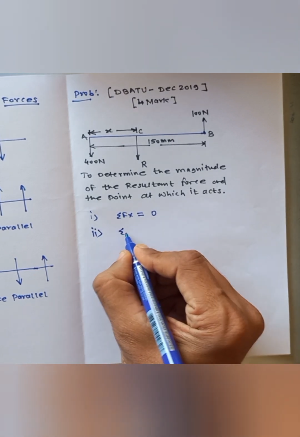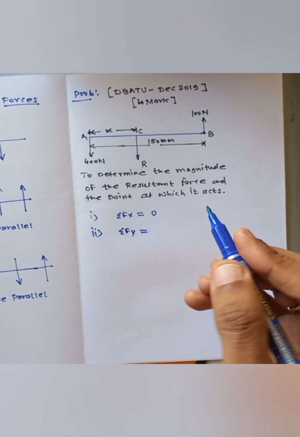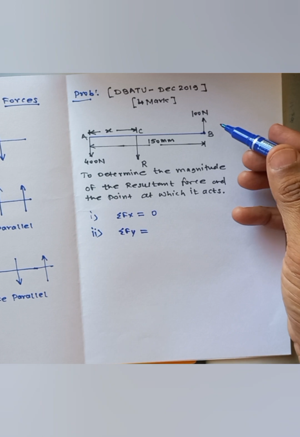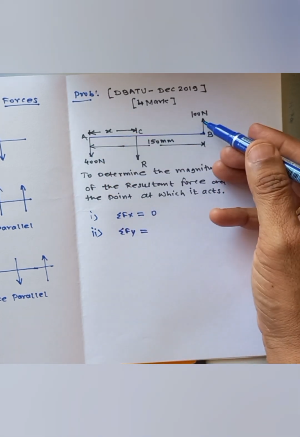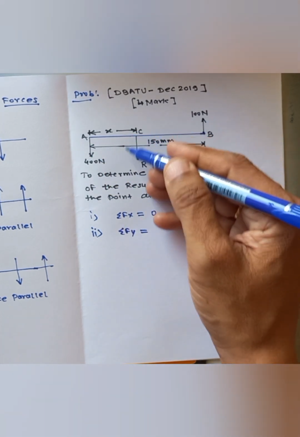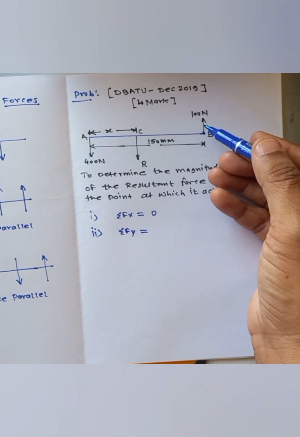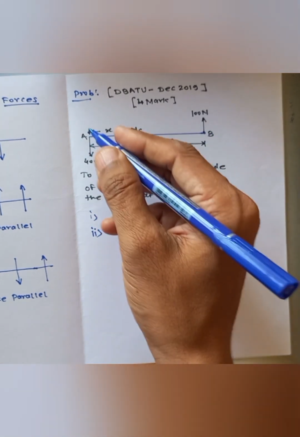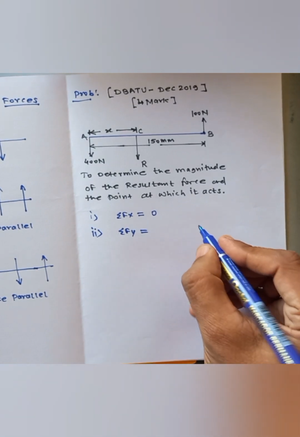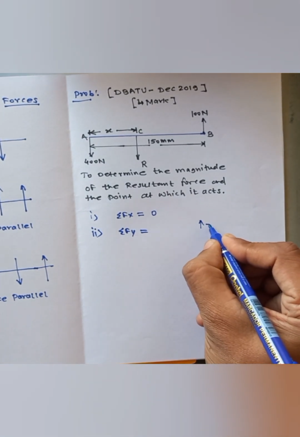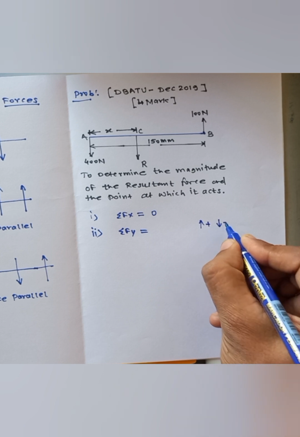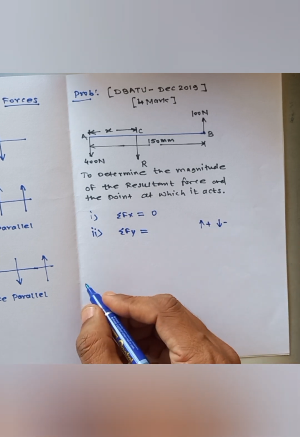Second, let us have summation of Fy, all the forces in y direction, right? So there are two forces, okay? Don't include this R because we have to find that based on the forces given. So summation of forces with usual sign, I consider upward as positive and downward as negative, right?